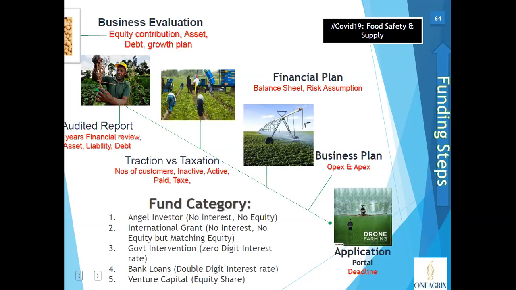So if you are producing cocoa powder and you need an investment worth say 50 million, the person you are pitching to is someone that is going to be getting equity in your business.